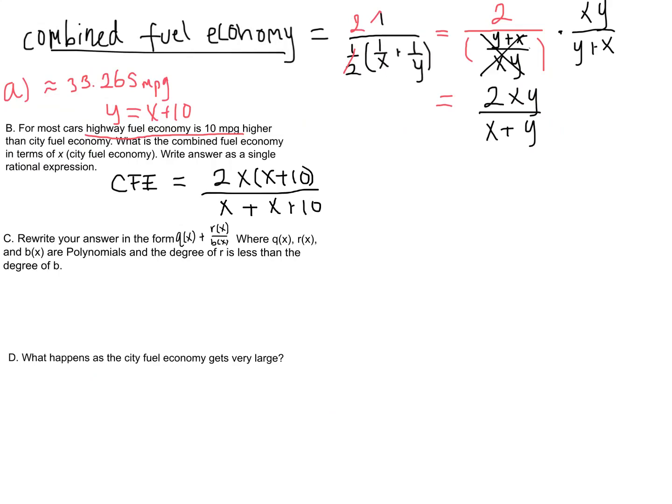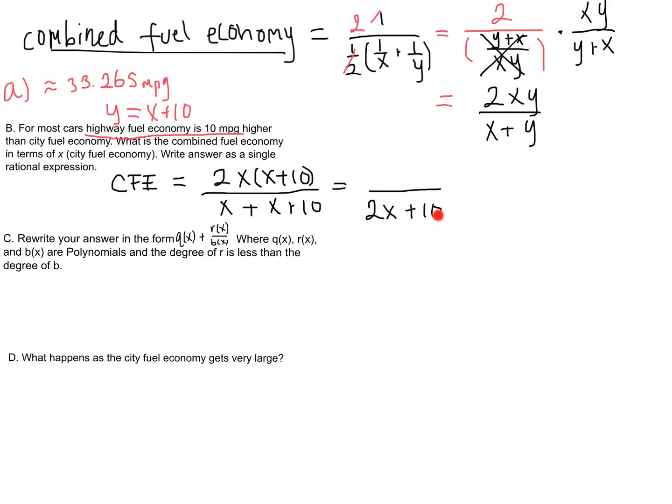All right. And you might want to simplify just a little bit, so pause the video and try simplifying. And what you'll notice is that your denominator can be written as 2x plus 10. And your numerator, notice that you have this 2 here.